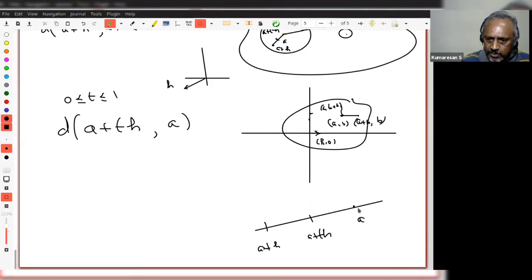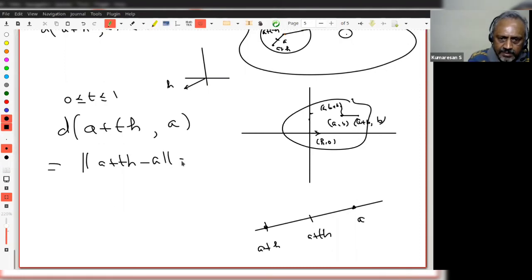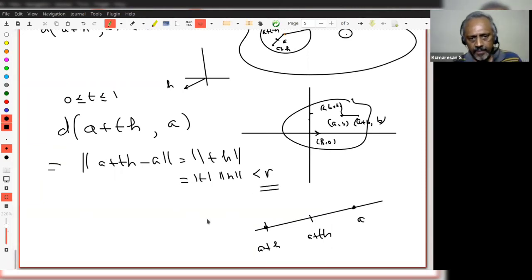If T is 0, it is here. When T is 1, it is A plus H. And what is this? This is A plus TH minus A. This is the length of T times H, which is mod T times the length of H. But remember, mod T is the same as T, which is less than 1. Therefore, this is less than R, because the length of H is less than R. Do all of you understand this?